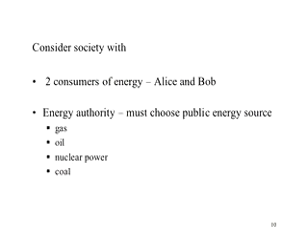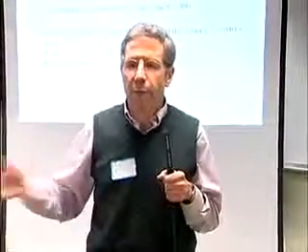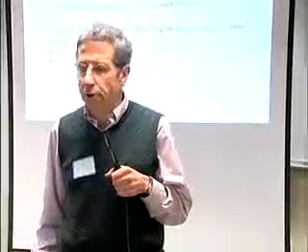There's an energy authority who has to choose the form of energy that will be supplied to Alice and Bob, and there are four possibilities. It could be gas, it could be oil, it could be nuclear power, or it could be coal. And the authority has to choose one of these. Multiple choices are ruled out for technological reasons.